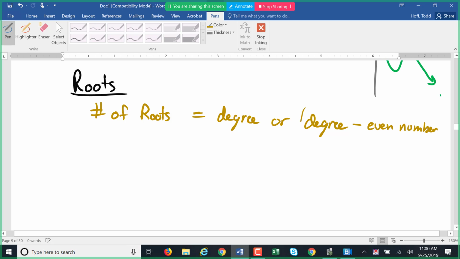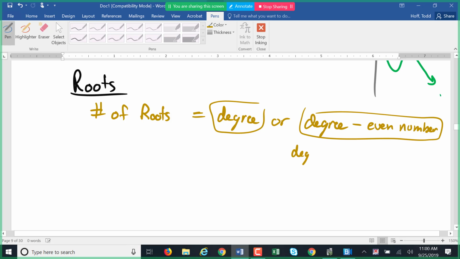I was going to write the degree minus 2k, where k is an integer, or k is a whole number, but same thing.